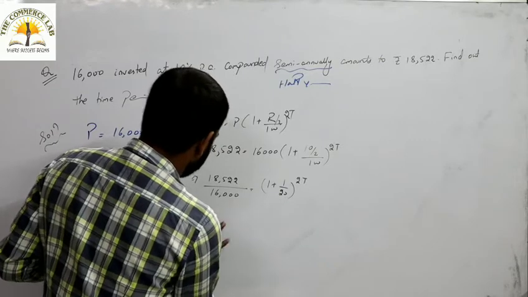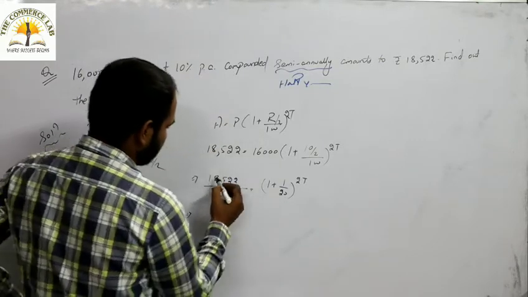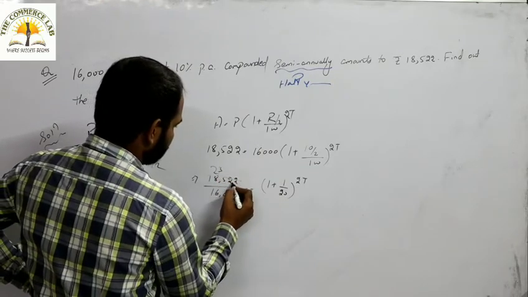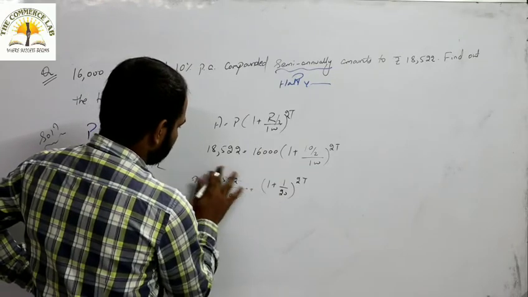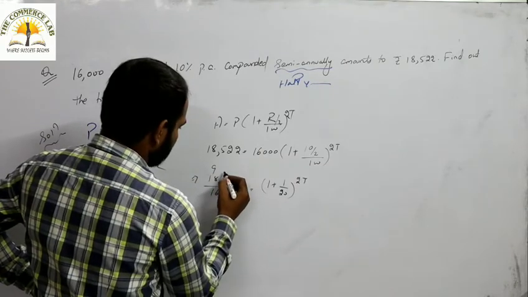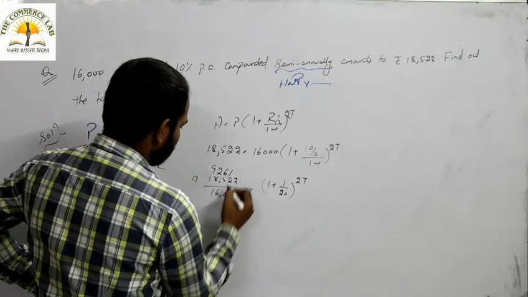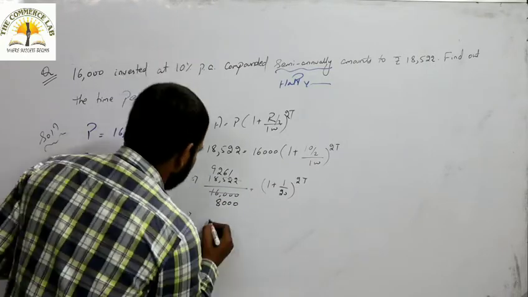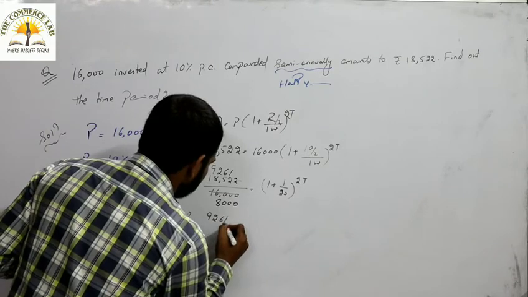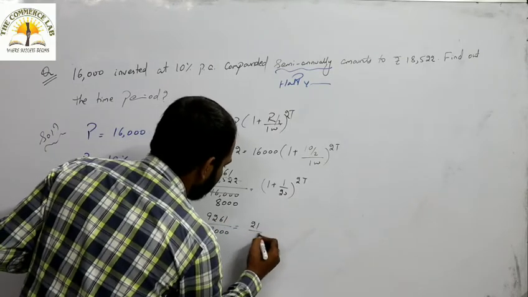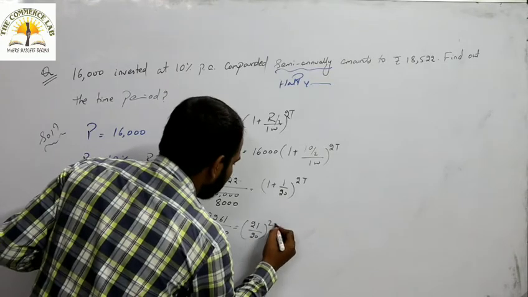So then calculation: 18,522 by 16,000 gives 9261 divided by 8000, which is your 21 by 20 to the power 2T.